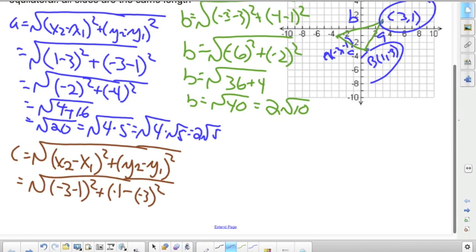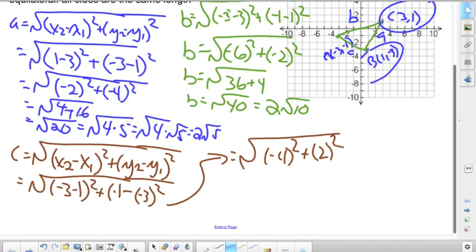So this last one's tricky: -1 minus the -3. So we get the square root of -4 squared plus 2 squared, which gives me the square root of 16 plus 4. And again, that's root 20, same as 2 root 5.